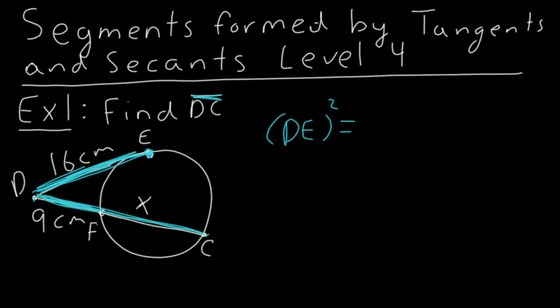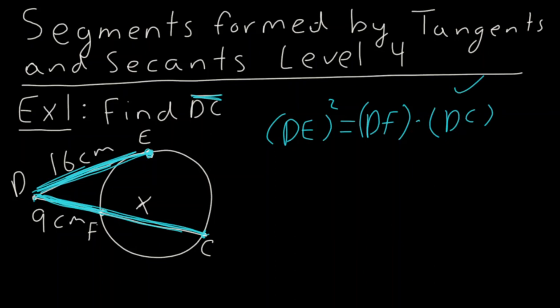So right here we have DF, that's our external secant. Remember, this is a secant because it is touching the circle in 2 points, right here at F and right there at C. And then we have the whole secant, which is going to be DC. And by the way, remember, this is what we're actually looking for. We're trying to find DC.